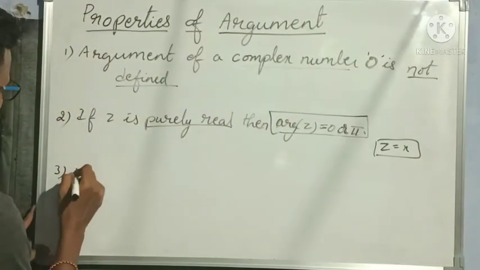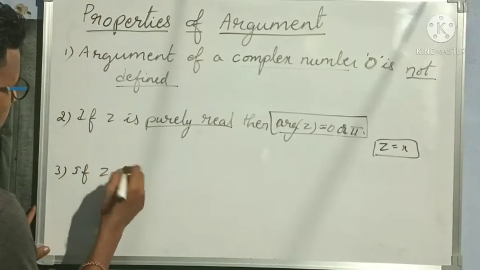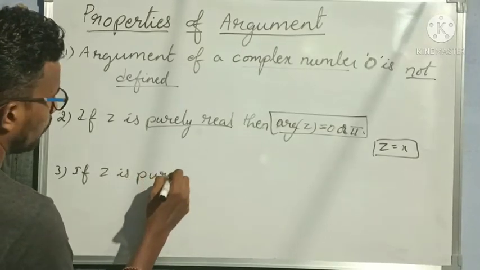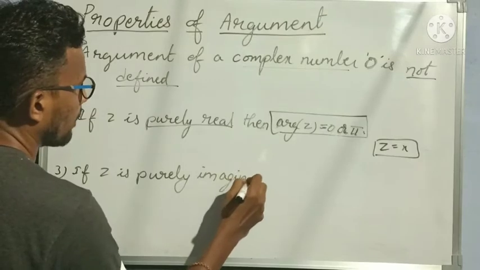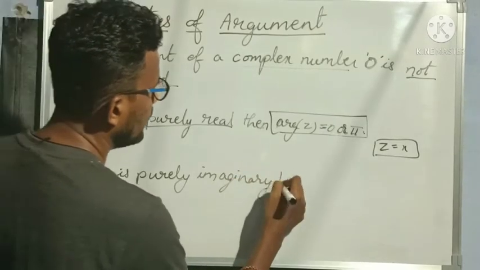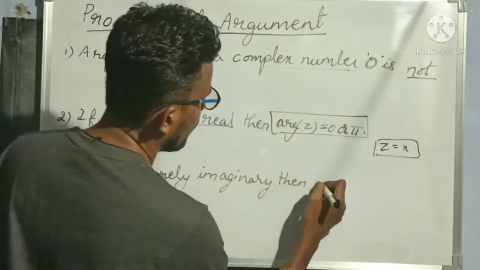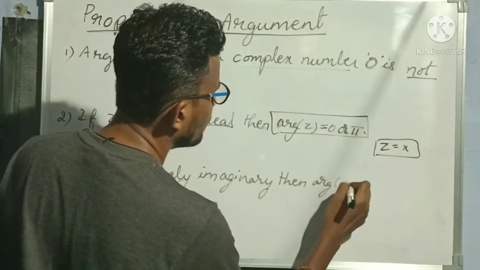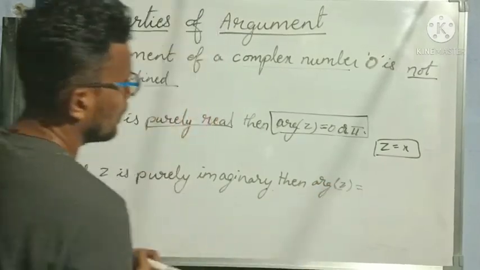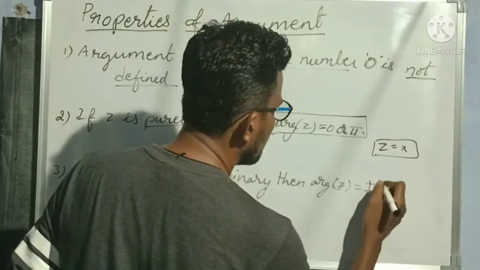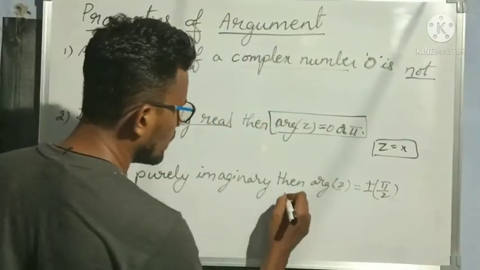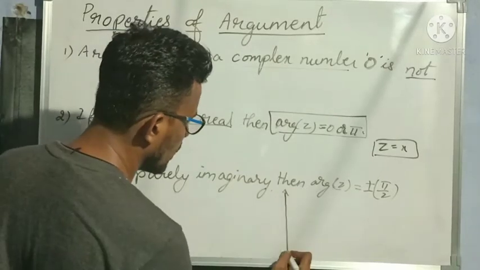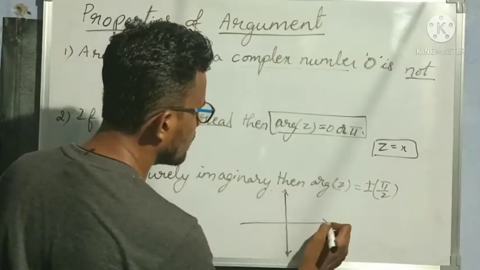Next, if Z is purely imaginary, then what will happen? If Z is purely imaginary, then the argument of Z is equal to plus or minus pi by 2. Why? See here, this is my y-axis and this is my x-axis.